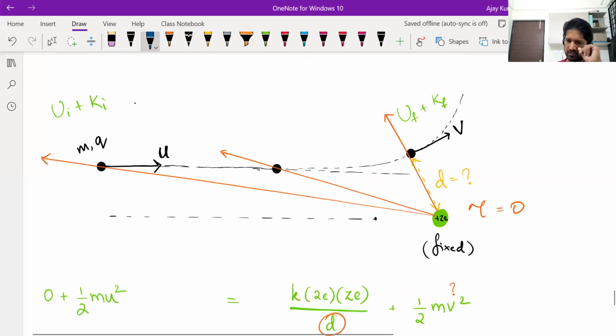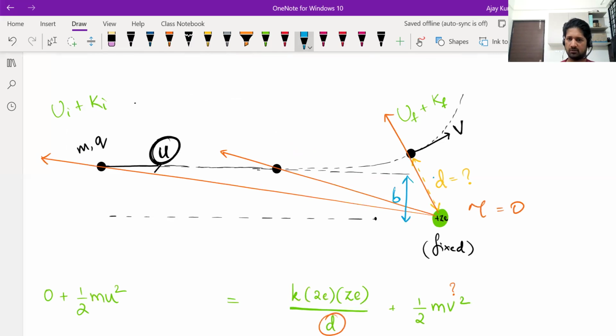Now let's see how to write equations based on this. Initially, the speed of the alpha particle is u, and you know the line of action of its velocity, that horizontal line. What's the perpendicular distance from the axis to the line of action of velocity initially? It is the impact parameter itself. That will be given to you.